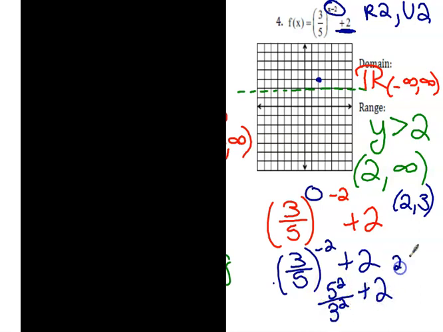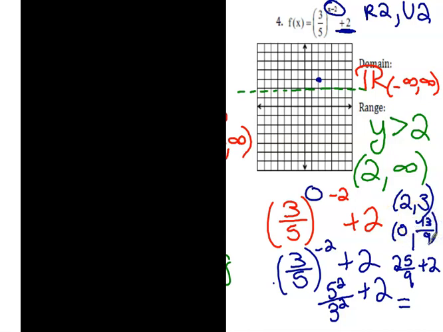Then I have 25 over 9 plus 2. So then we kind of have some gnarly fractions going on. Okay? So you kind of want to see what different numbers you can plug in to graph this thing. Again, it's a decay because of the 3/5, and then it's also shifted up. So plugging in different points and kind of see what this is. So if I plug in 0, I get 43 over 9.